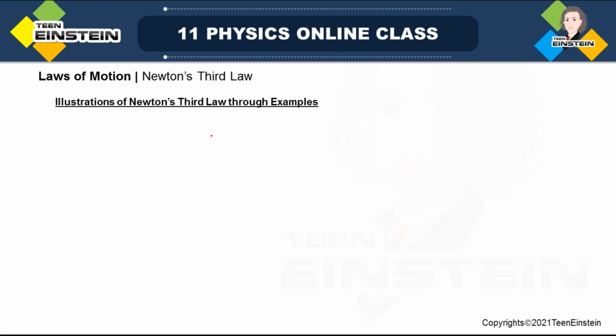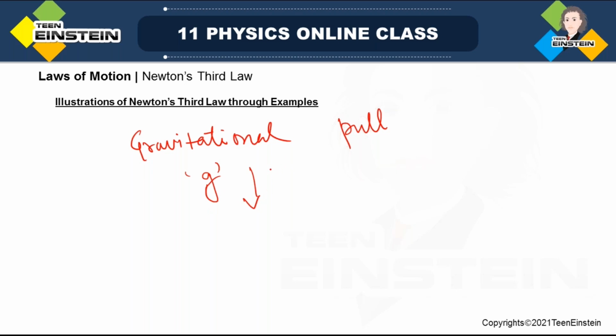The example is gravitational pull. So due to the acceleration g, which is acting always downward or towards the center of the earth, any object will be pulled.